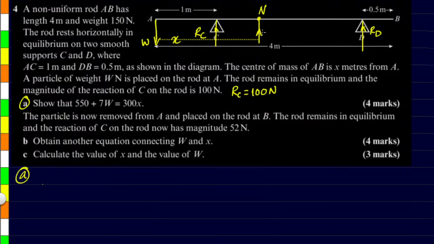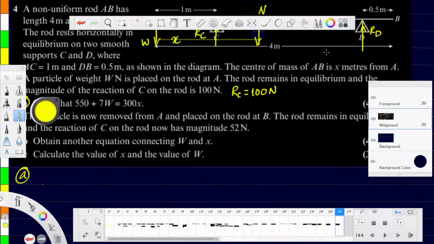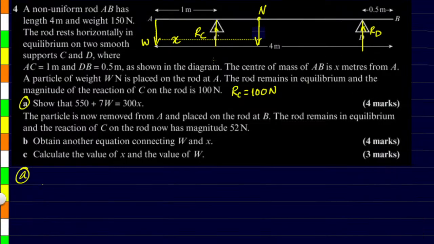At N we have a weight, this should be downwards, right? The weight of 150 newtons will act here, W will act here, and the distance is x.